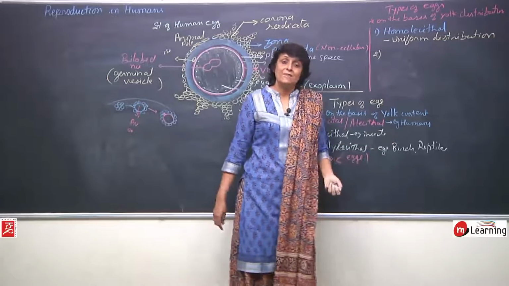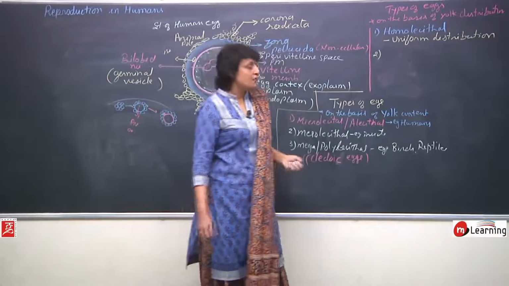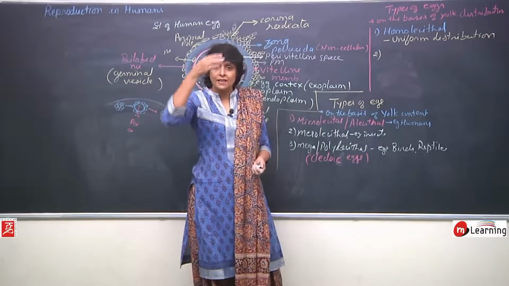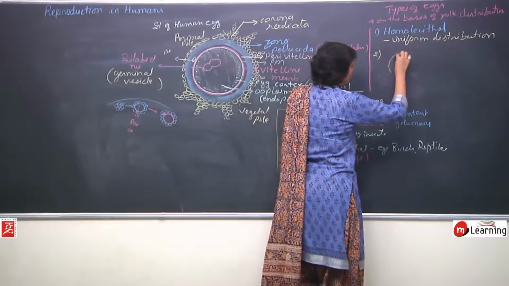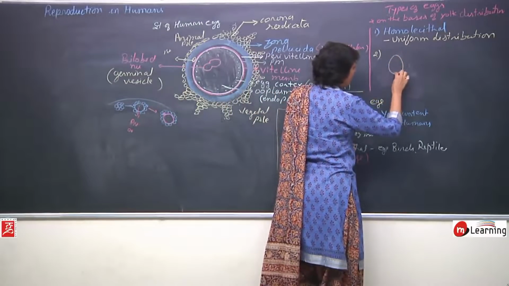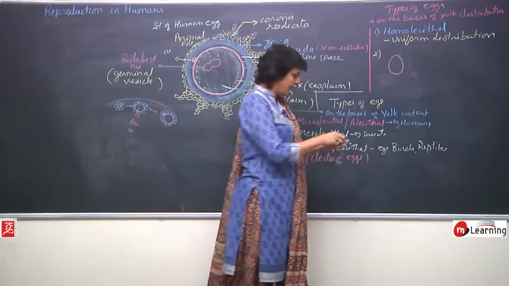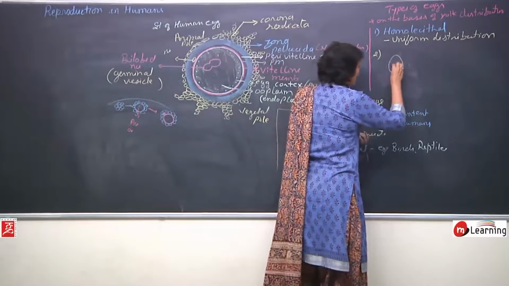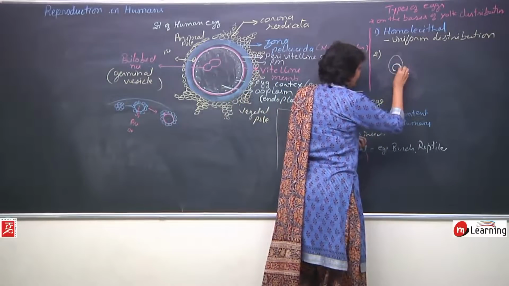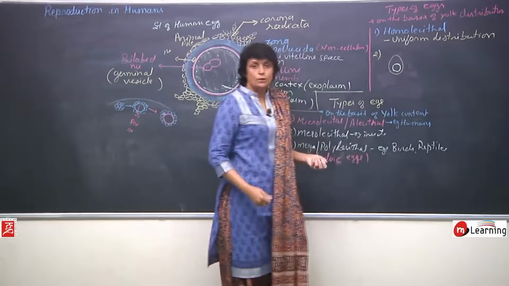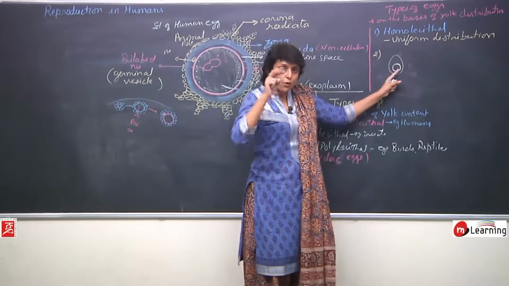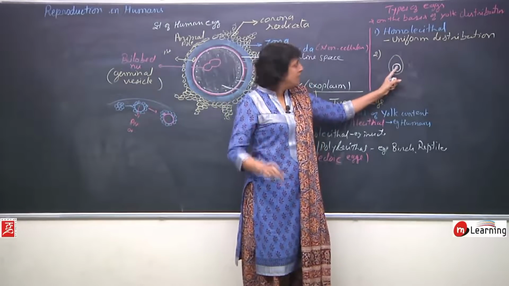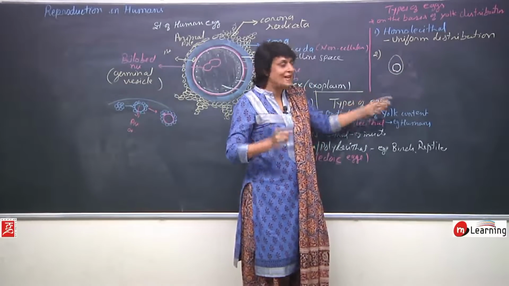If you have seen a hen's egg, suppose we boil an egg and cut it vertically, the egg is narrower from the upper end and wider from the bottom, and normally the yolk is drawn here. If you see the boiled egg cut vertically, you will find the yolk is on the lower side. That means it is towards one end.